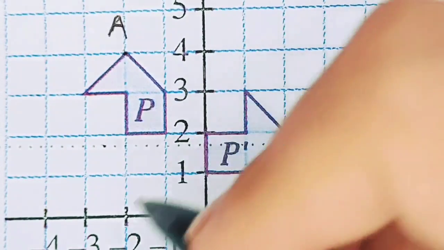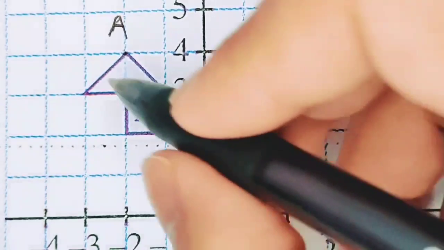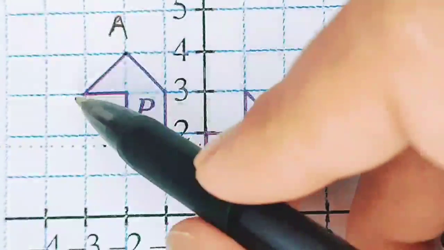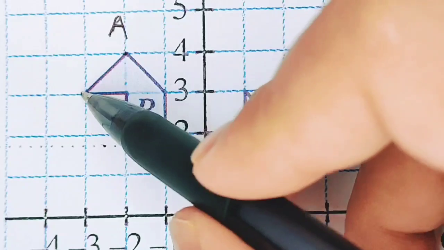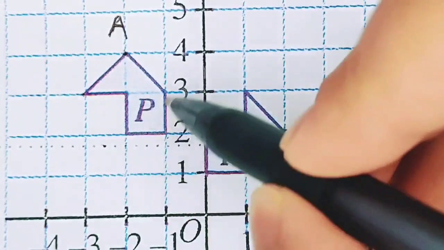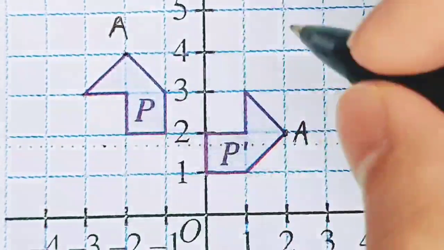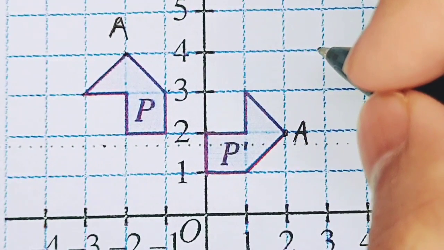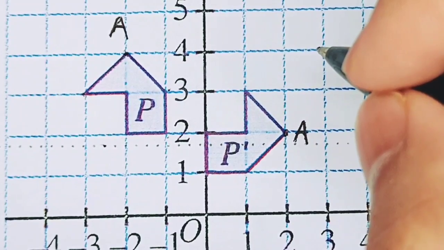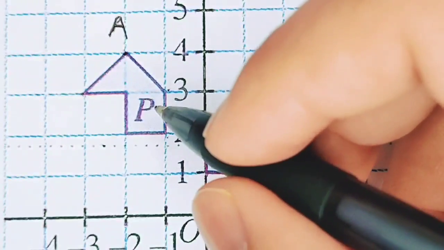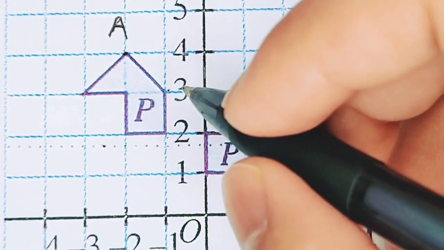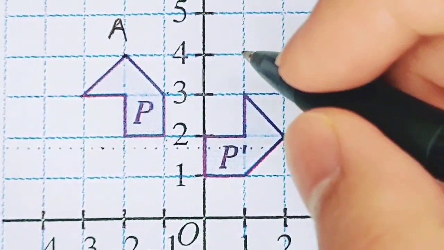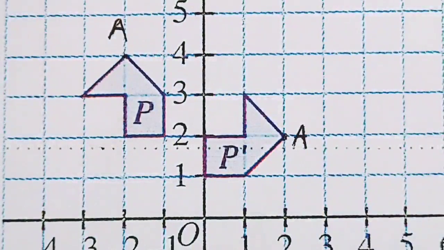The points that we have are here, here, here, and here. Which among them do you choose to be B? It can be anything, it depends on you. The result will be the same anyway.